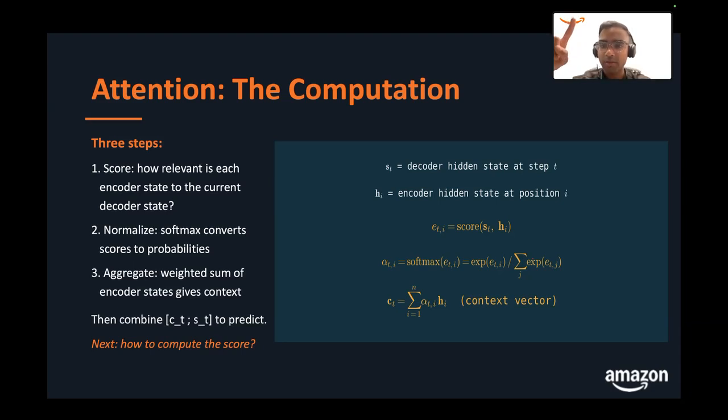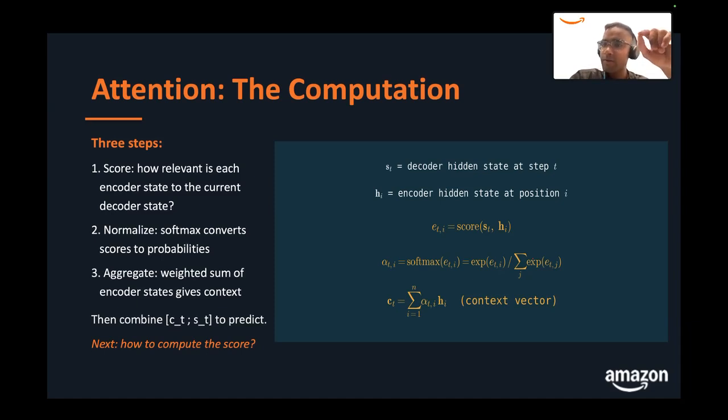The context vector which we had in the encoder-decoder architecture was one context vector, C of capital T, for the whole input sentence. Right now, what we have is a context vector for each and every decoder position. How do I get that context vector?